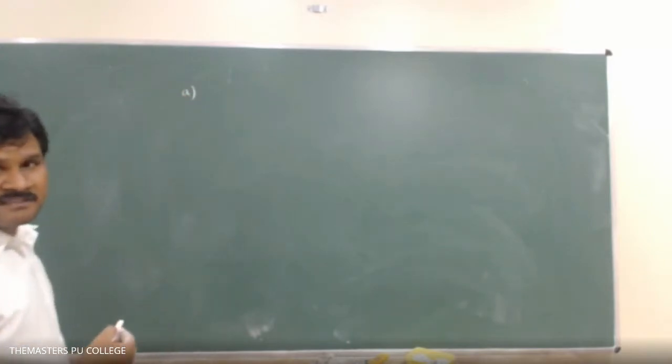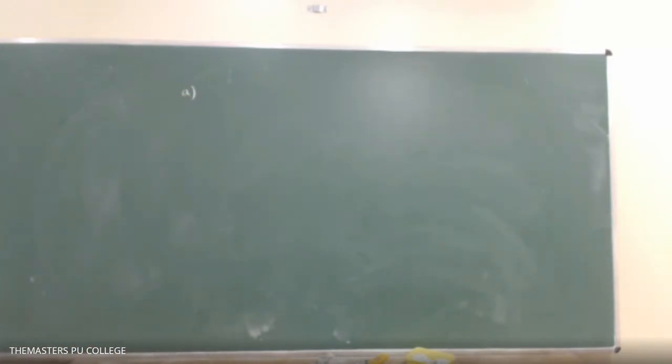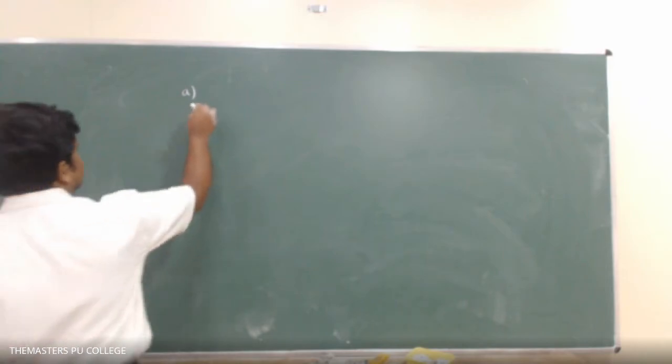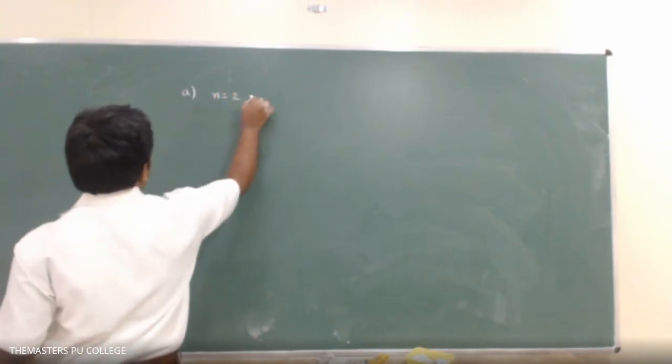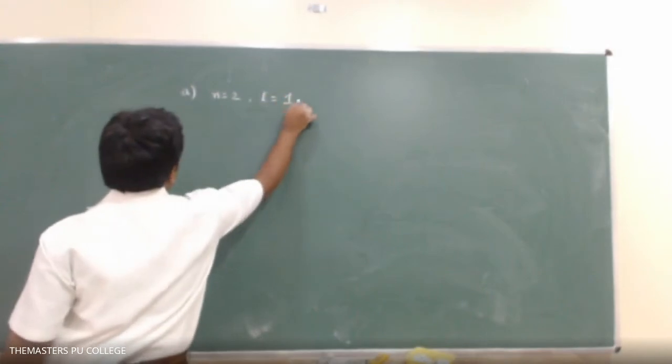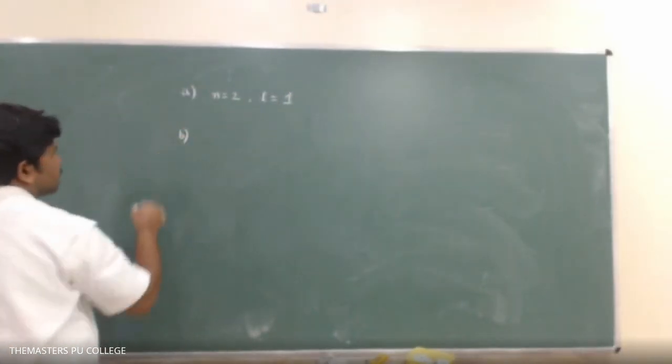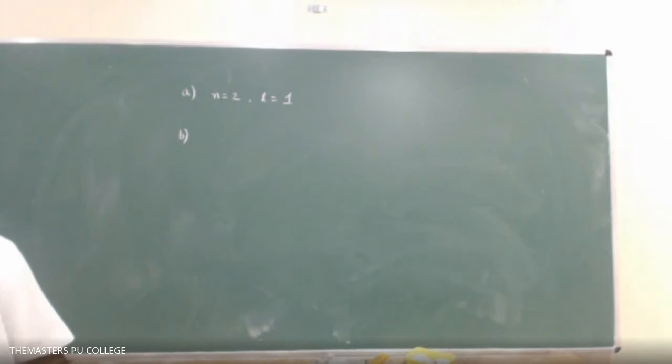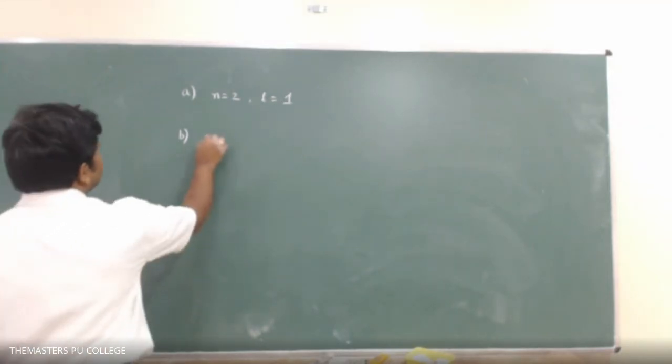In that, first sub question A, n is equal to 2, l is equal to 1. B, n is equal to 4, l is equal to 0.